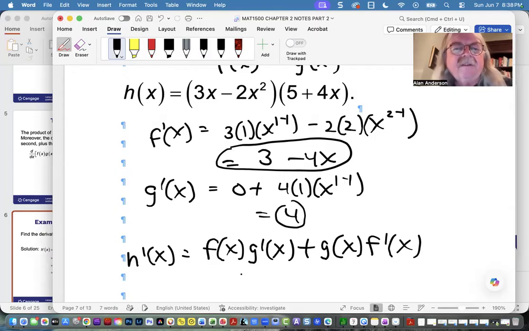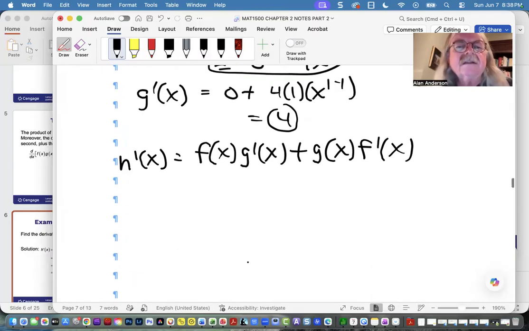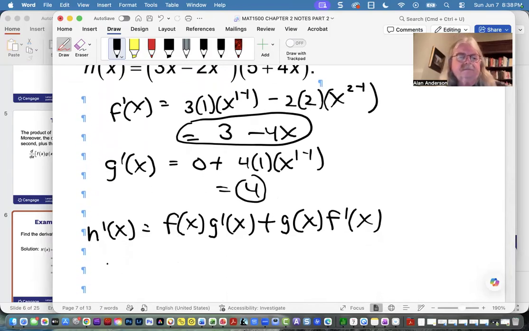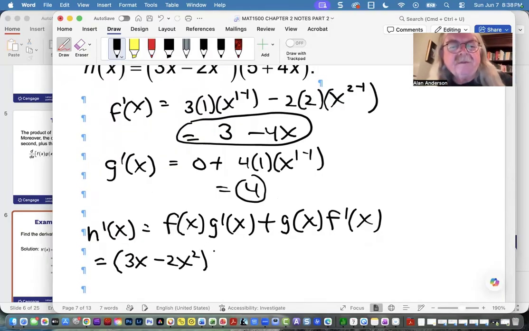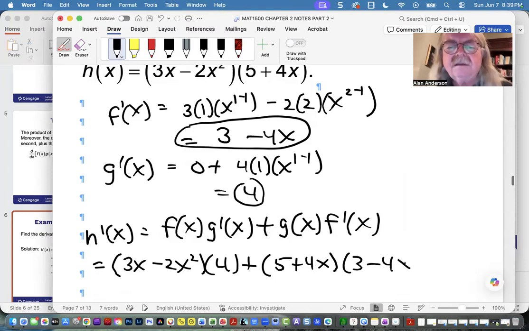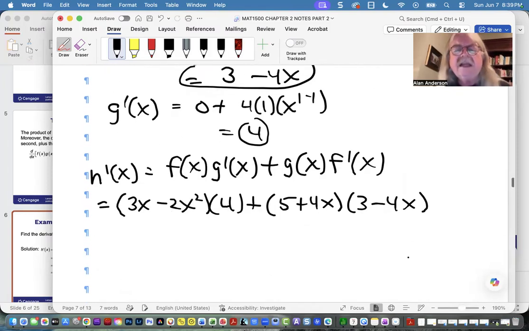All right, so remember, f of x was 3x minus 2x squared. G prime of x is 4. G of x is 5 plus 4x. F prime of x is 3 minus 4x. Okay, now that is actually correct, but depending on the circumstances, we may go ahead and simplify it a little.